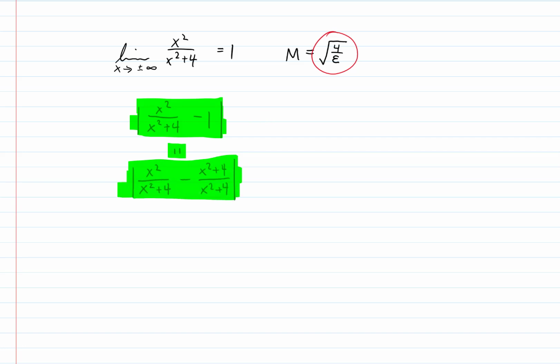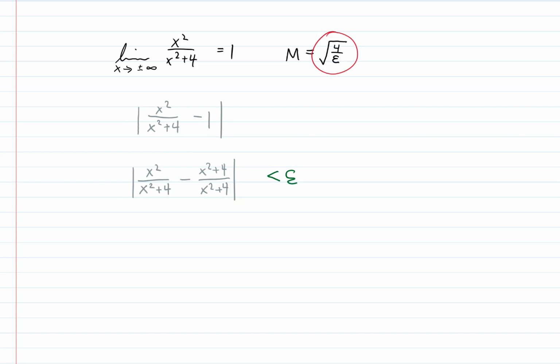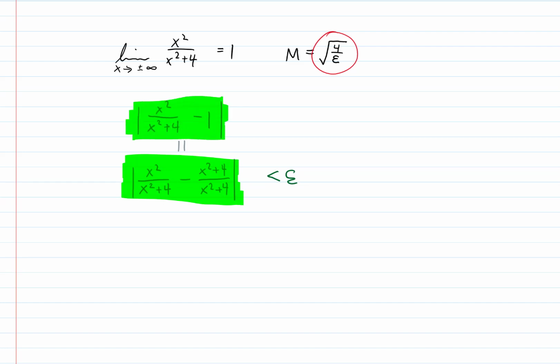So if I can make this be less than epsilon, then that will automatically make this be less than epsilon, which is what I want, because those two things are equal. Okay? And I'm going to keep doing the same type of thing until I get something simple.